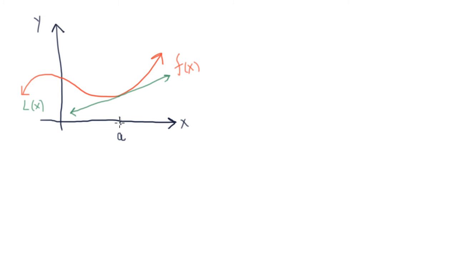Now let's think about this. Suppose that I move just a little bit to the right. And let's say that this point is a plus dx, where dx is a small change in x.